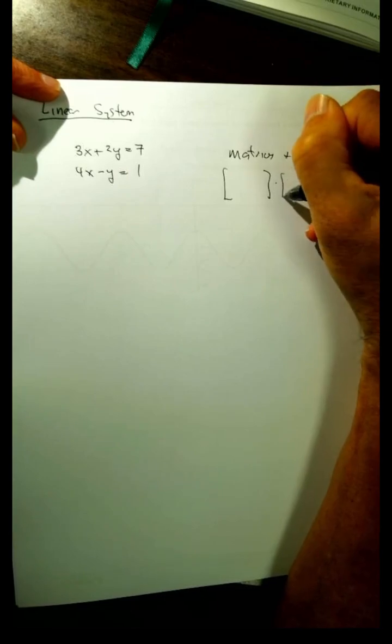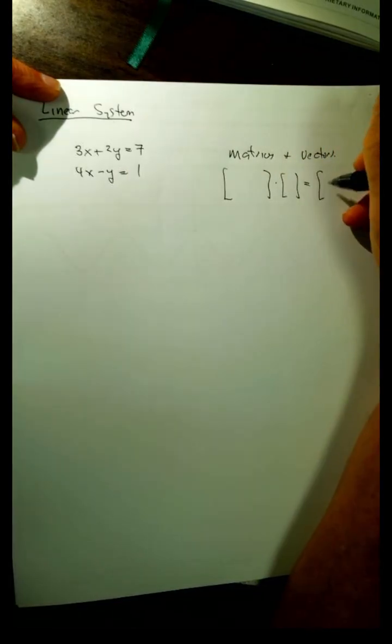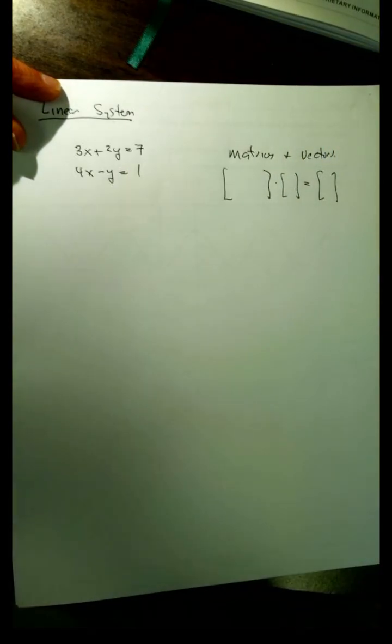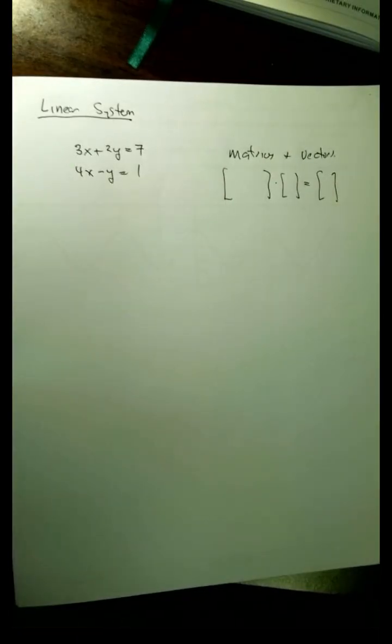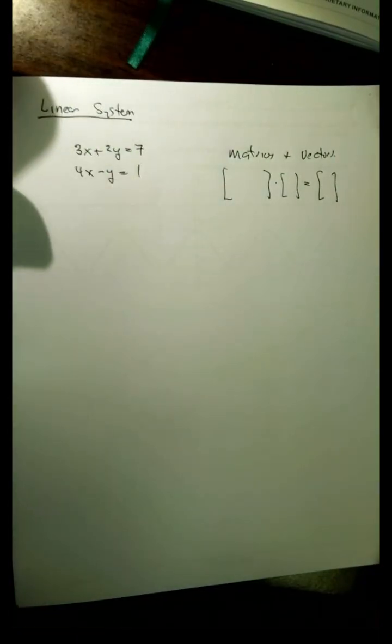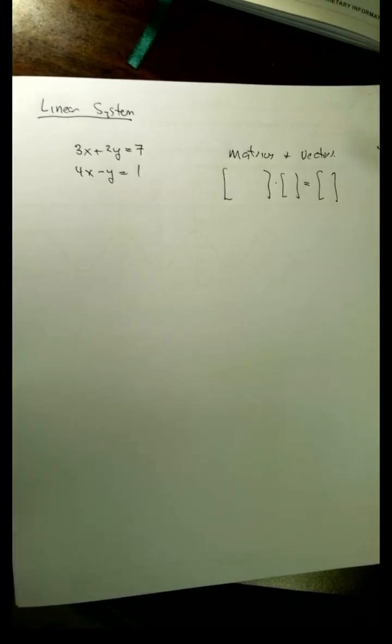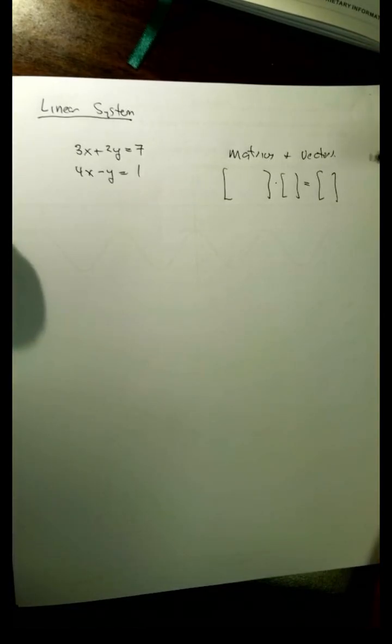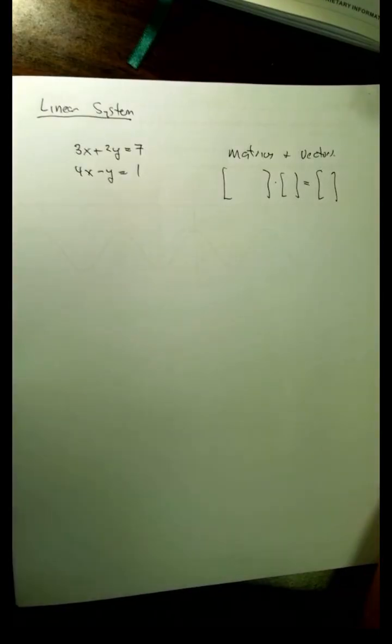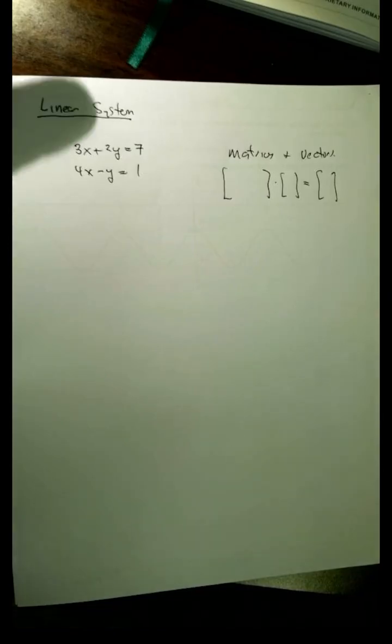And the idea is I want to write it as a matrix times a vector is equal to a vector. These are all going to be definitions, and there's a lot of definitions and a lot of relationships, and it's really important to go back and look at how these things are defined, because there's some real issues here with horses and carts.